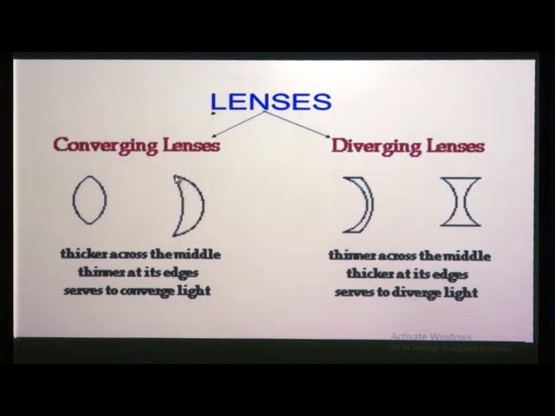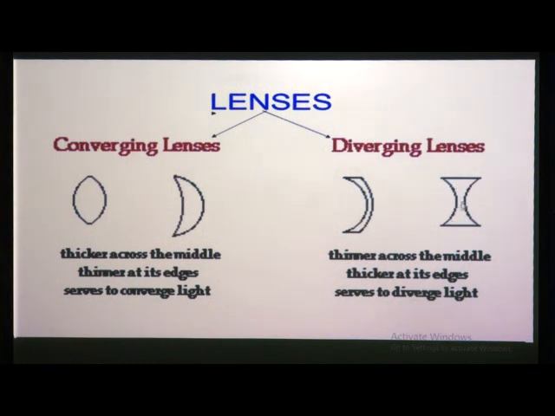It is a converging lens, but it is only a single one. When it is double, or from both sides, its structure will look like this. This is a converging lens, but double. Here for a diverging lens also, if you see only a single lens, it will look like this, and if you see the double structure, both-side diverging lenses will look like this.